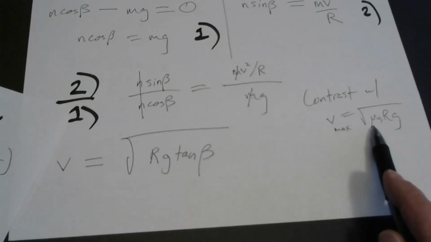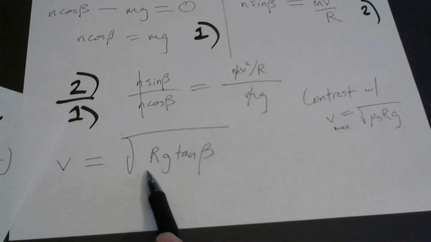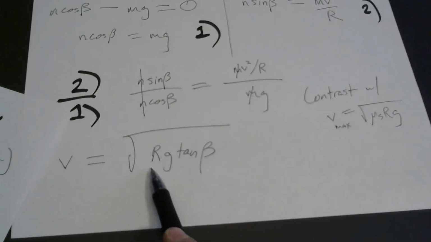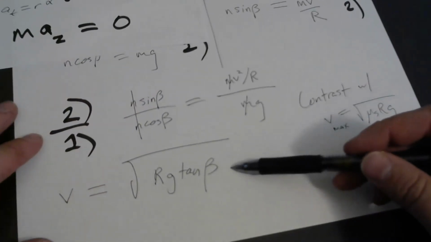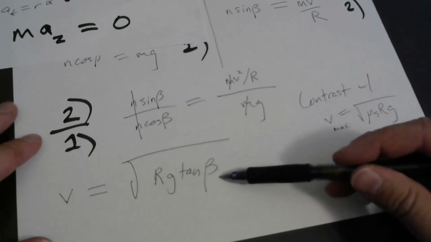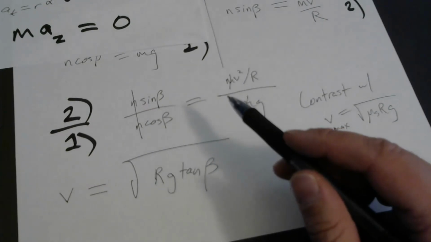Of course it does. Friction was the force that provides the centripetal acceleration. Here, no mention of friction because it's the normal force which provides the centripetal acceleration, specifically the r component of the normal force. Okay, so I'm going to pause here and Google a typical bank angle and a typical radius of curvature.